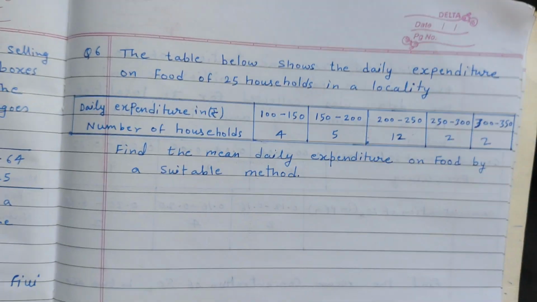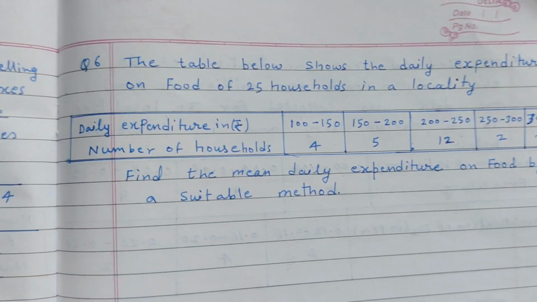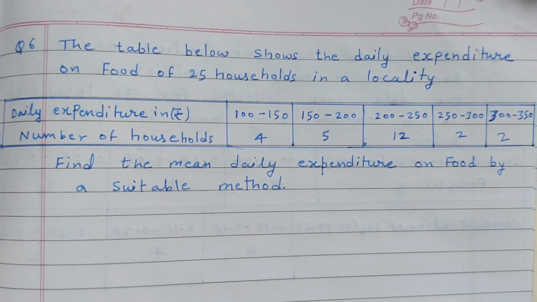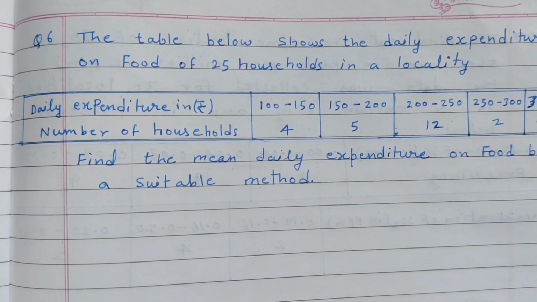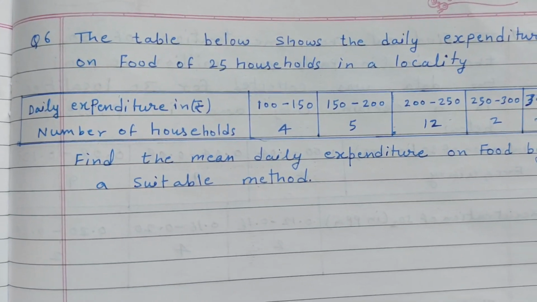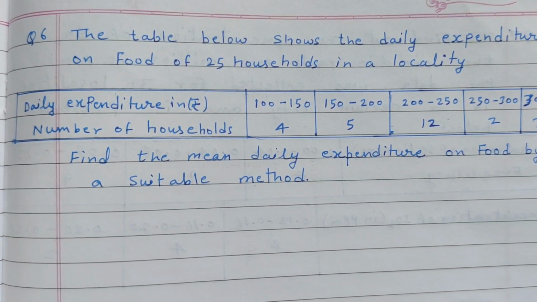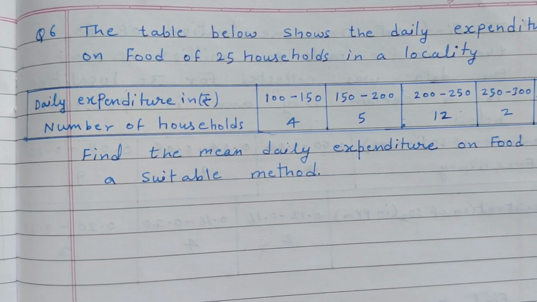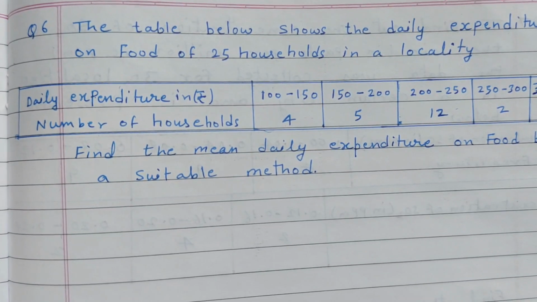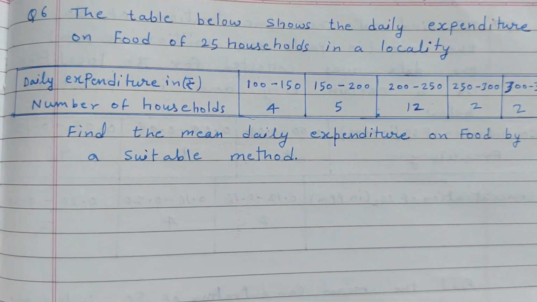Question number 6. The table below shows the daily expenditure on food of 25 households in a locality.